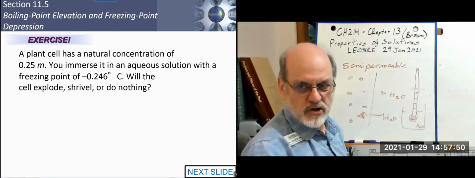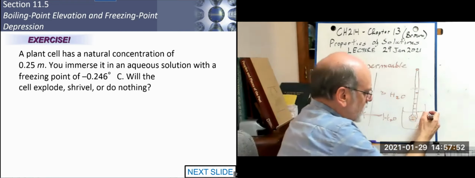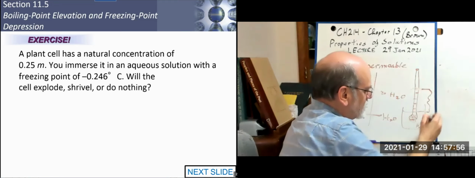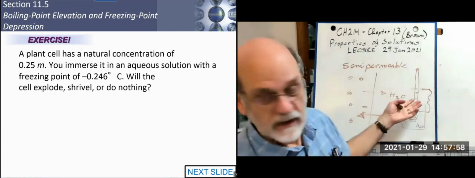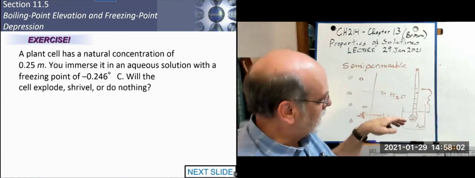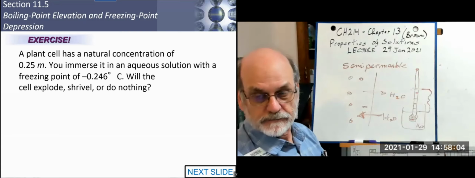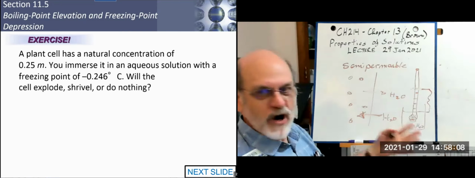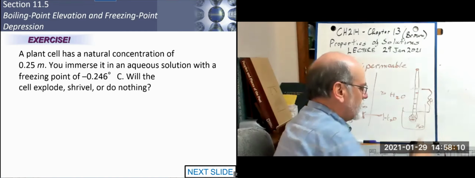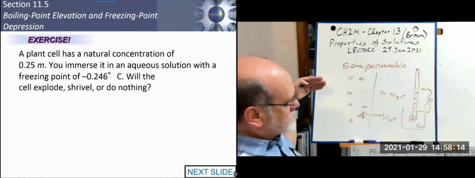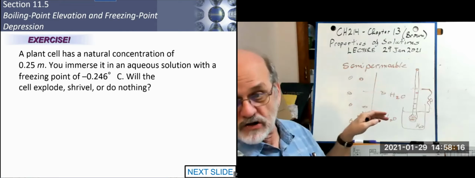So what's the pressure on that solution? It's the difference between here and here. And you can calculate it based on the density of water and the height of the column and the diameter of the column. But there's a pressure there. So that pressure is providing enough pressure to drive water back the other direction.